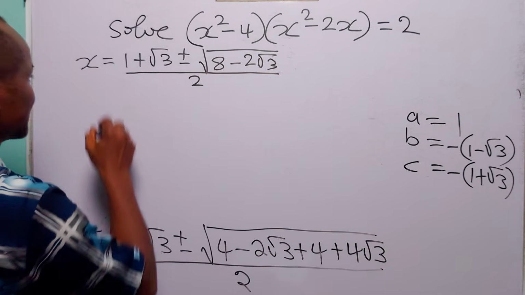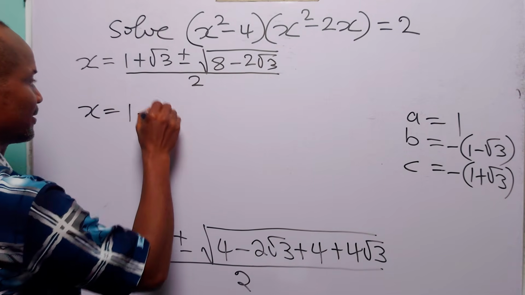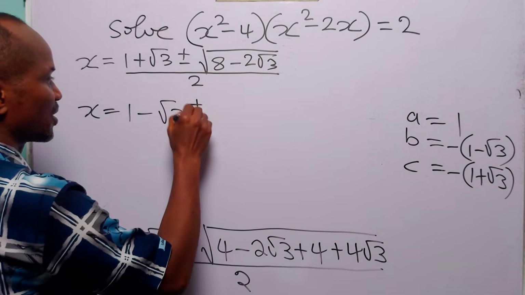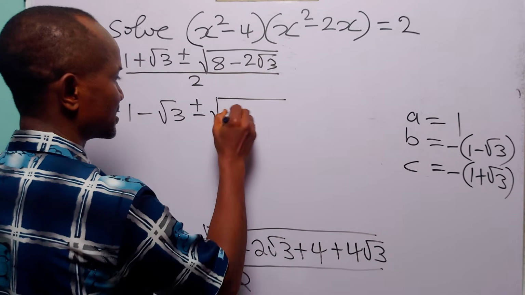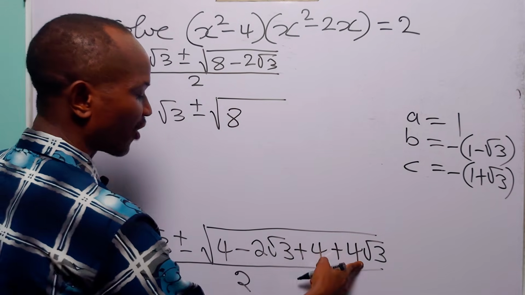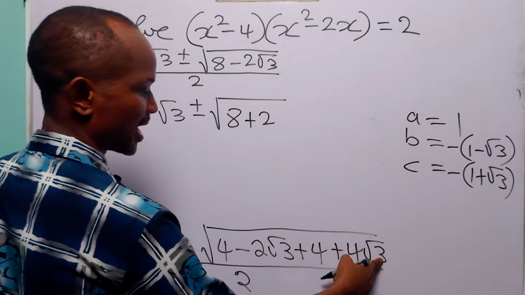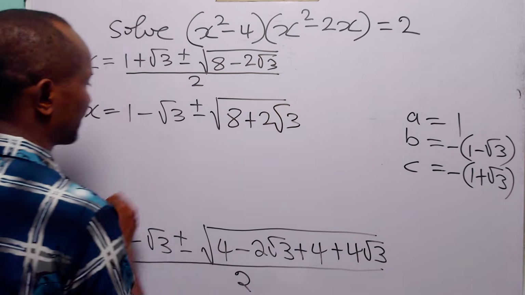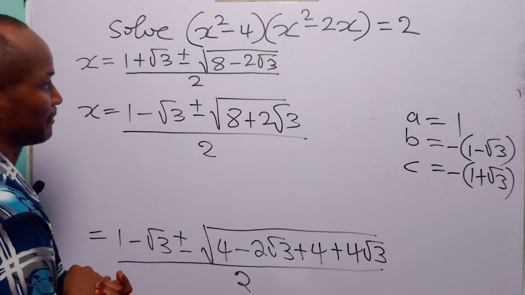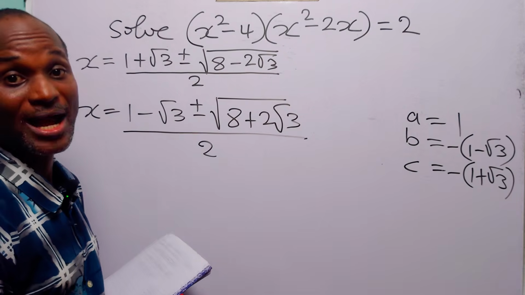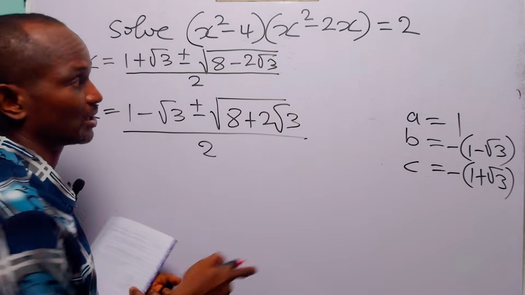And when we simplify this, we have that x is equal to 1 minus root 3 plus or minus the square root of 4 plus 4 is 8, 4 minus 2 is 2, and of course, we have root 3, all divided by 2. And finally, we have all the 4 real values of x that satisfy this equation.